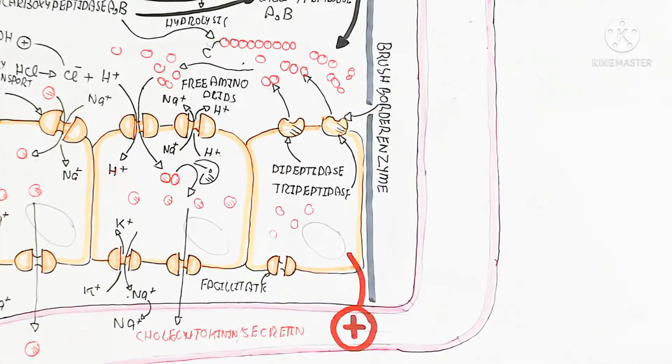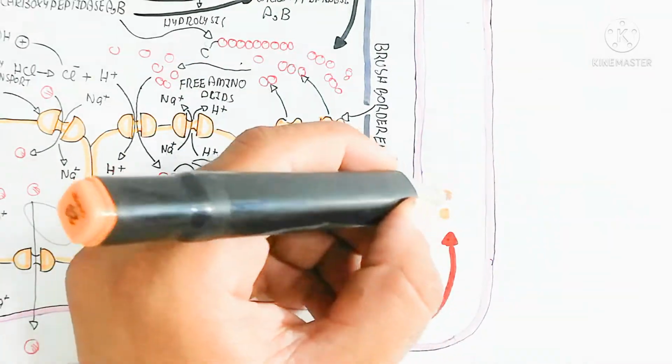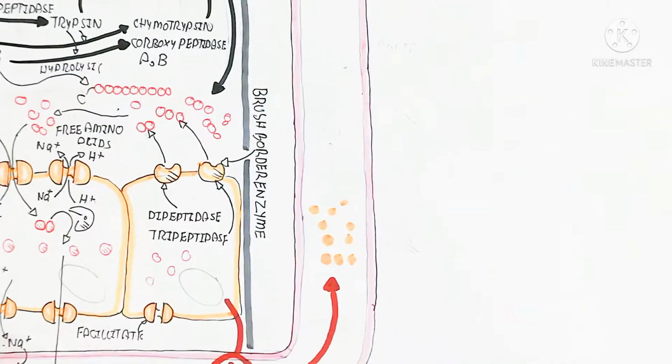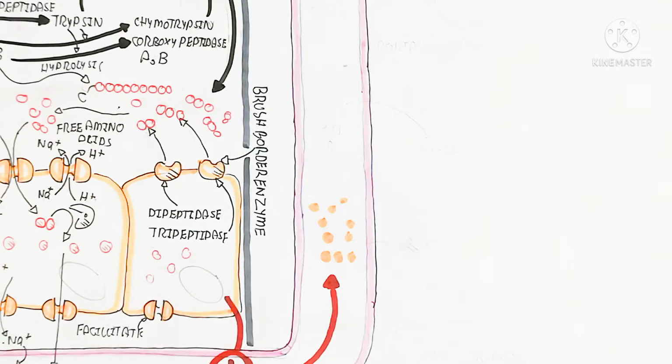Also the enteroendocrine cell will produce cholecystokinin and secretin, which will be targeted to the pancreas.